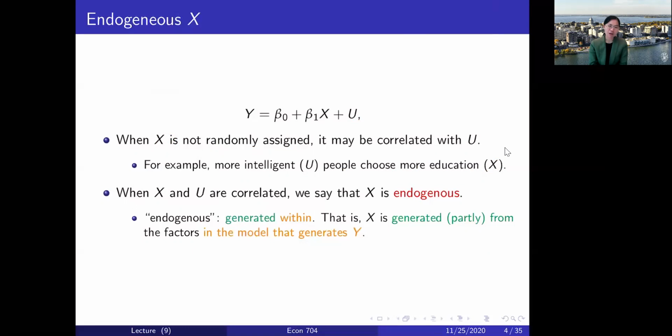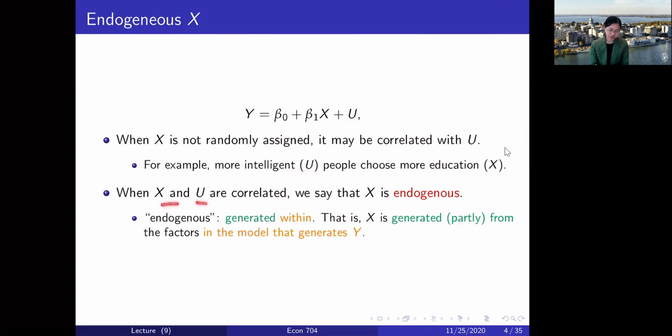When X is not randomly assigned, but instead is correlated with the factors in the error term, we say that X is endogenous, and the word endogenous means generated within, which means X is generated at least partly from the factors in a model that also generates Y. So for example, education is a result of intelligence, just in the same way that income is also a result of intelligence.